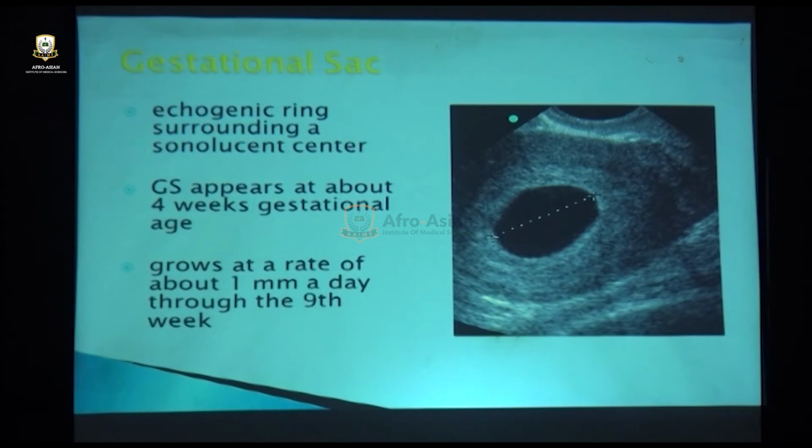So one indication of intrauterine pregnancy is a gestation sac which has a typical feature, but remember that only gestation sac is not a 100% indication of a normal pregnancy.